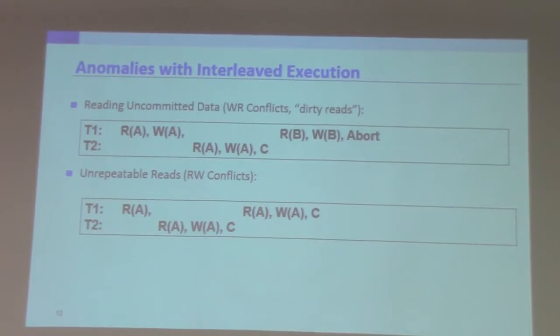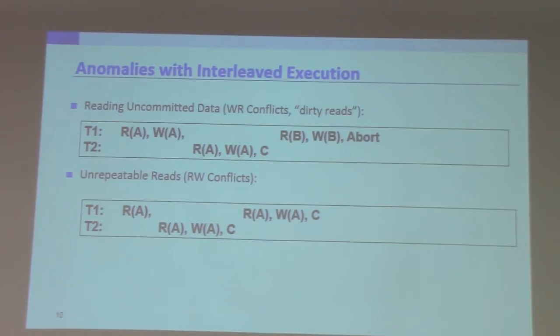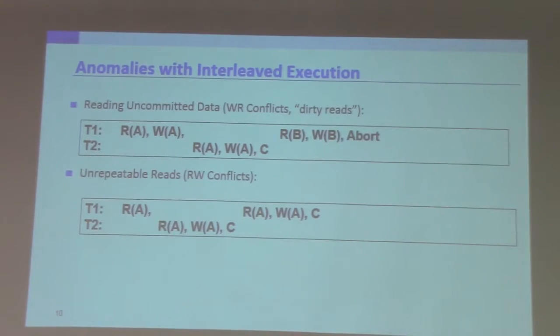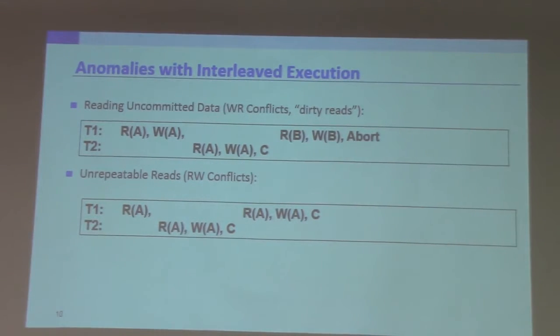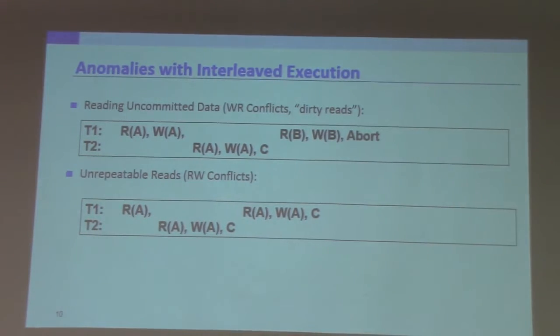What's the potential challenge for that? Well, keep in mind we are in serializable isolation level, right? We are not in repeatable read isolation level. We are in serializable isolation level, which is a stronger requirement than repeatable read isolation level.